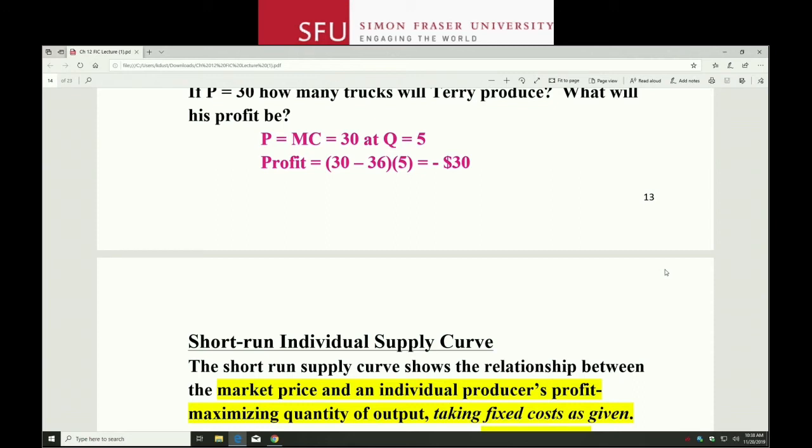All right, so it's still the relationship between the price and the quantity, but we have to talk about a few more details.